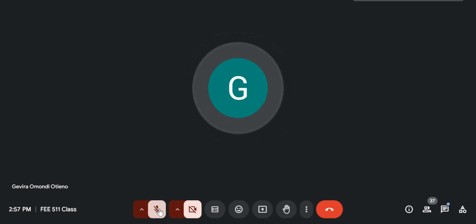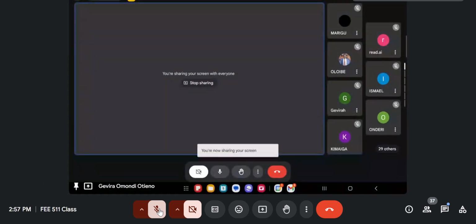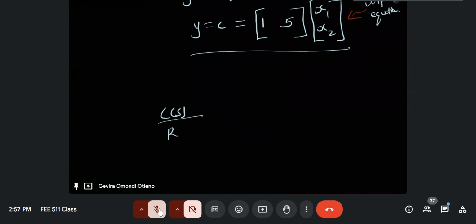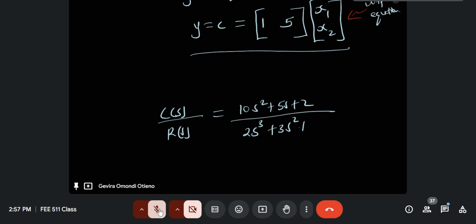okay, maybe I've used the term vaguely, but my point is, if you have a system where you have C of S over R of S equals 10S squared plus 5S plus 2 over 2S cubed plus 3S squared plus 2S plus 4.